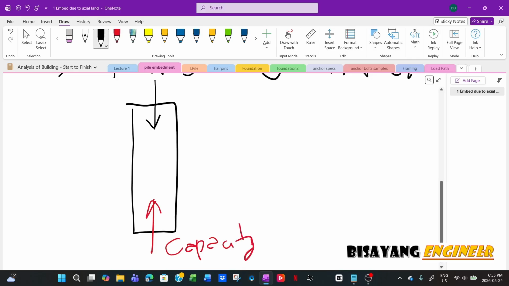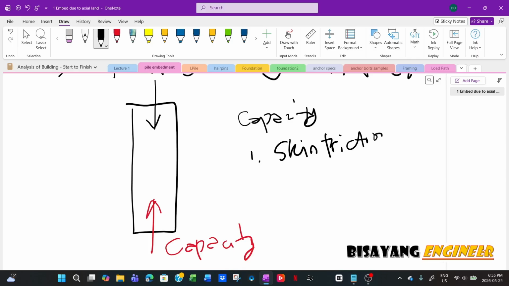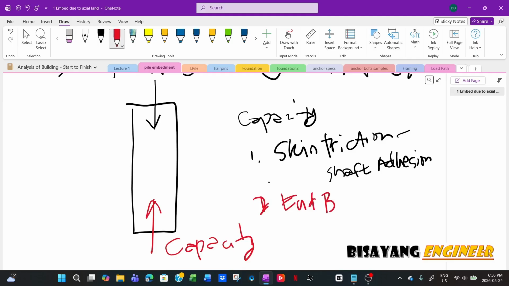If you remember, in school, we were taught about capacity based on skin friction, or shaft adhesion, and the other one, number two, is end bearing.